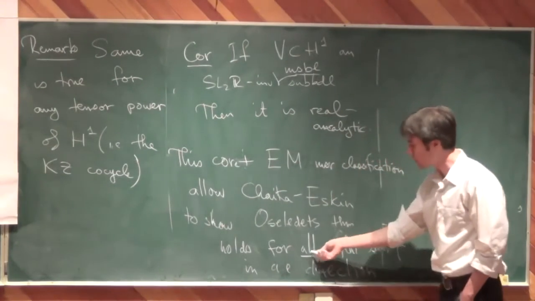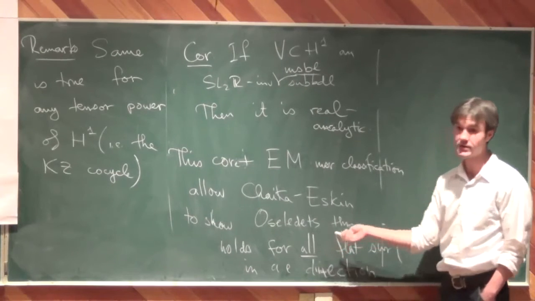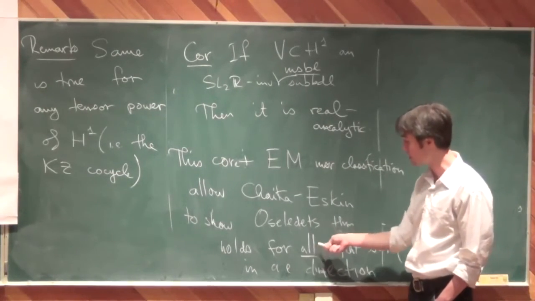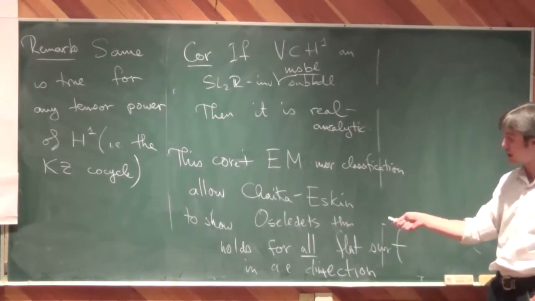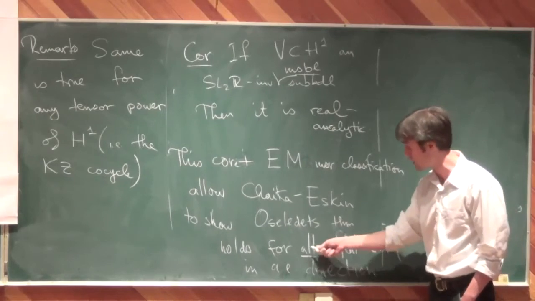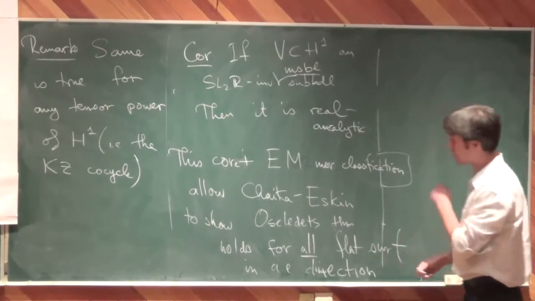So this replaces what before was almost every, and this is the analog in Simion's talk of when he said that some theorem was true for almost every AP. These kinds of results allow you to show that it holds for all AP. And so what is this Oseledets theorem?